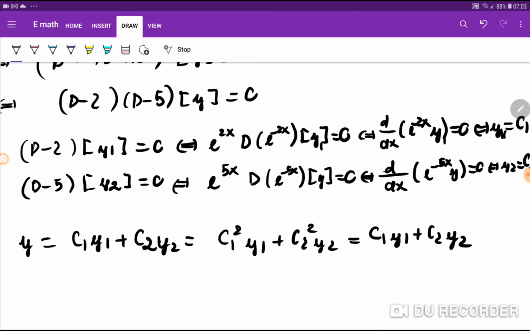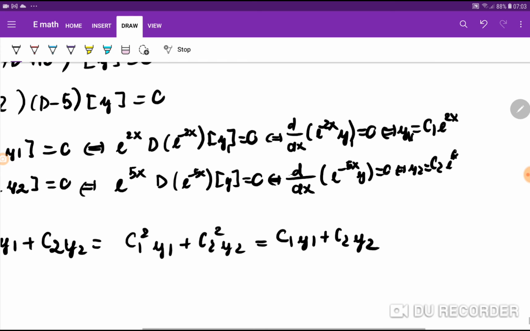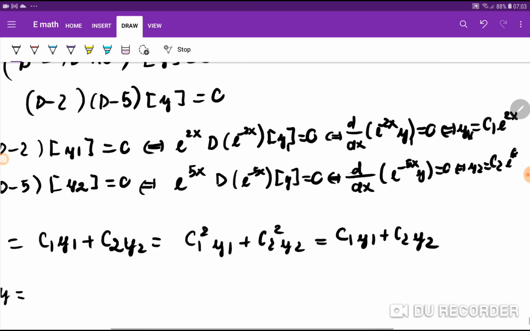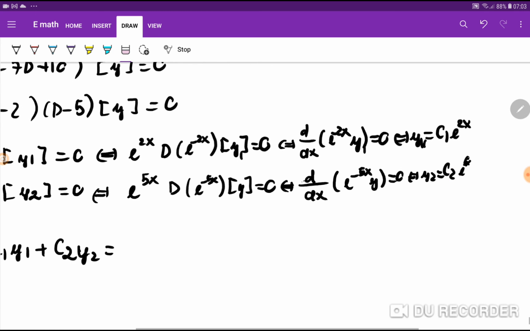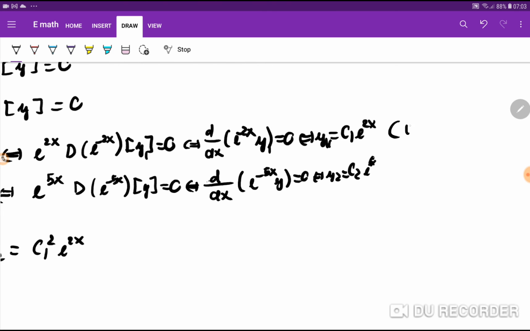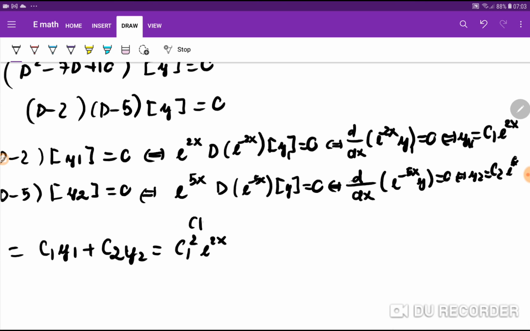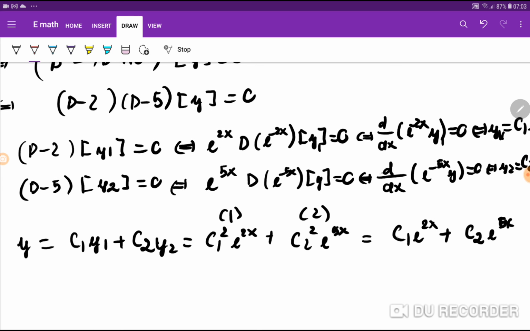So y is C1 squared e to the power 2x from 1, plus C2 squared e to the power 5x from 2. C1 squared is a number, so you replace it with C1 for simplification. C2 squared is also a number, so why don't you write C2? It's simpler. And ladies and gentlemen, this is our general solution.